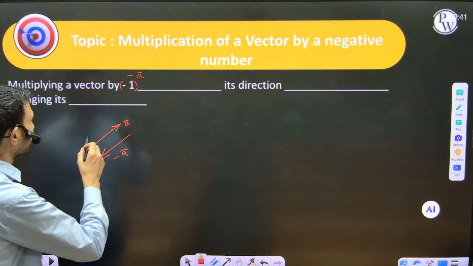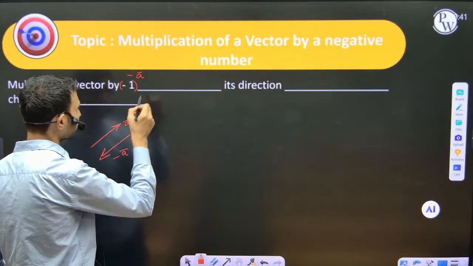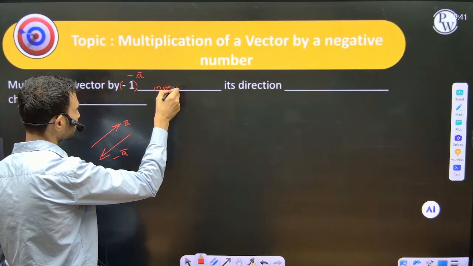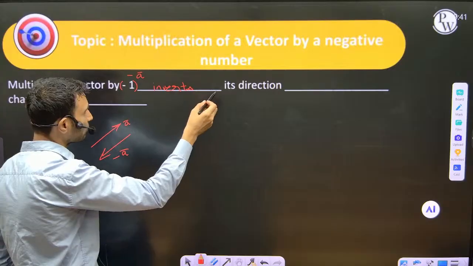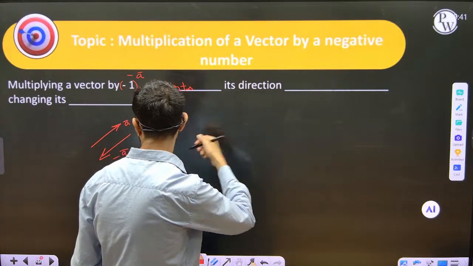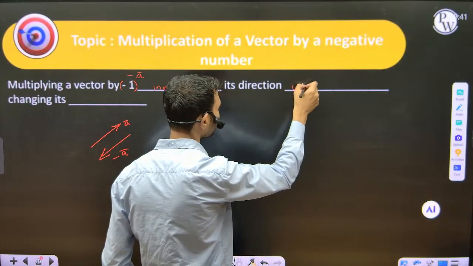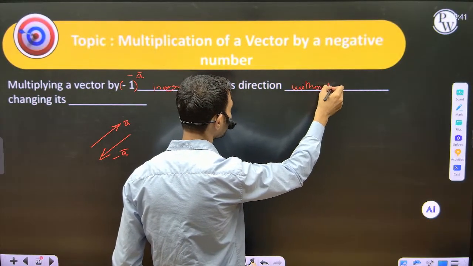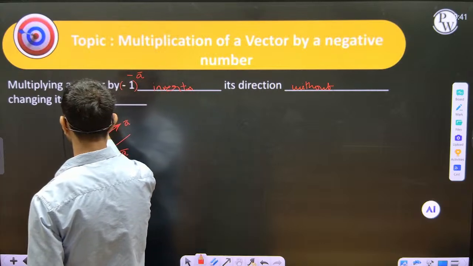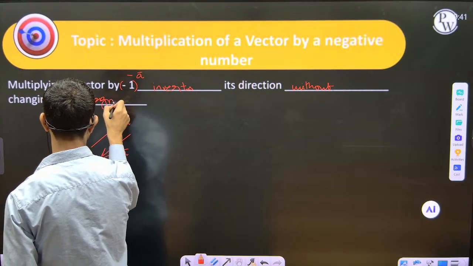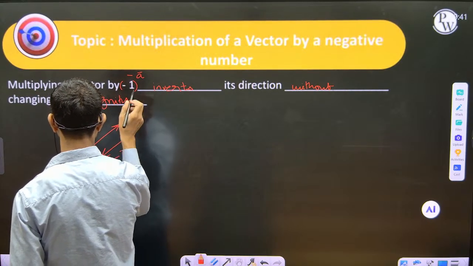So multiplying a vector by -1, what does it do to the direction? Inverts its direction. Does it change the magnitude? Without changing its magnitude.